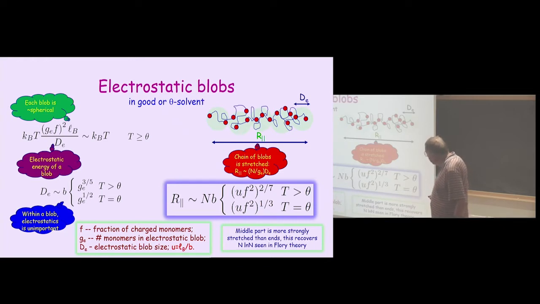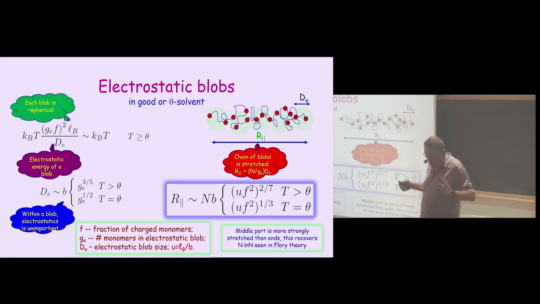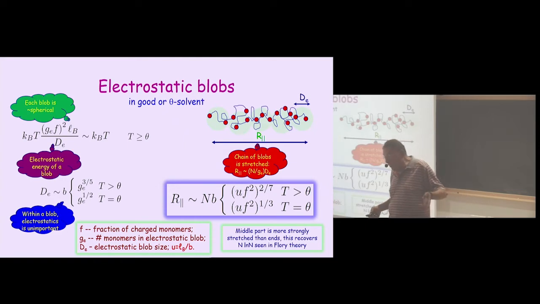And now the relation between inside the blob, charges are not very important, play a minor role, and so therefore the relation between the size and the number of monomers in the blob is either this or that, depending on whether your polymer lives in a good solvent or theta solvent with respect to non-Coulomb interaction.